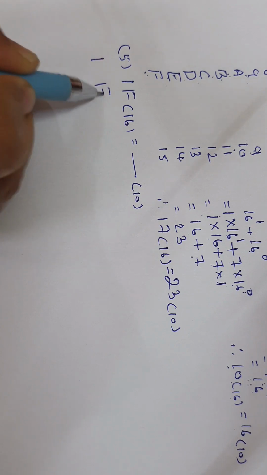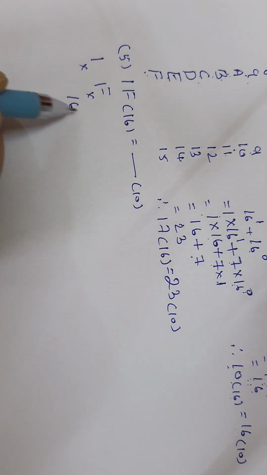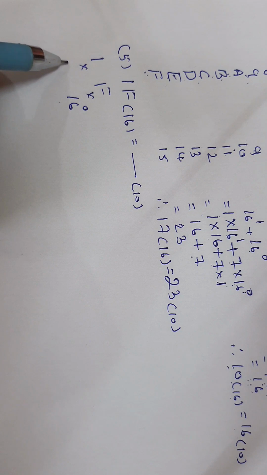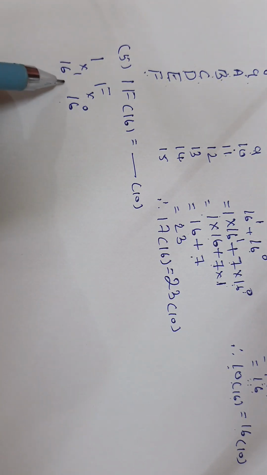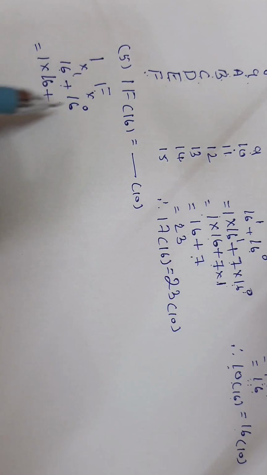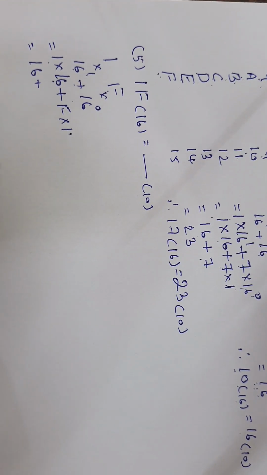Take the number 1F, multiply by place values here. First 16 raised to 0, 16 raised to 1. Then we'll have to add. So 1 into 16 raised to 1 is 16 plus F into 16 raised to 0, that is 1. So 1 into 16 is 16, right?